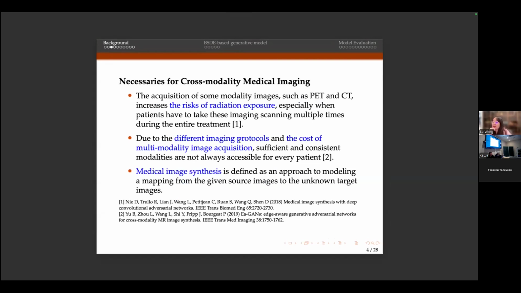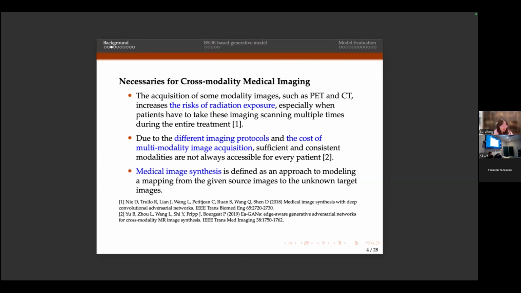We also look at two reasons for why we are working on this topic. Firstly, when acquiring certain types of medical imaging, such as PET and CT scans, we always need to expose the patient to radiation risks.